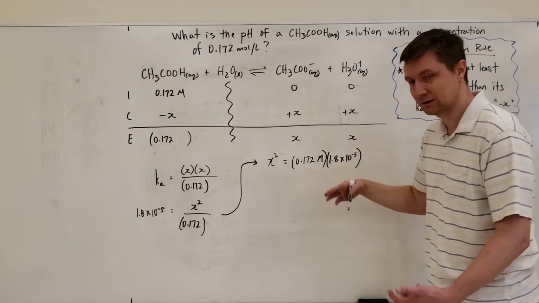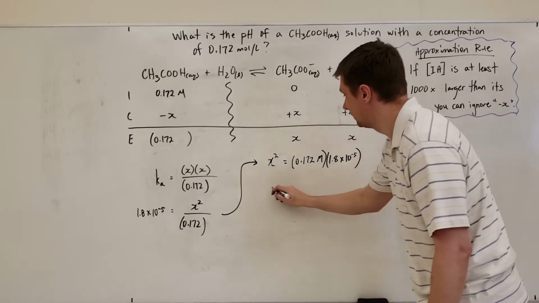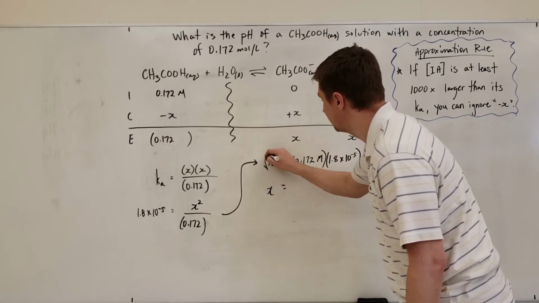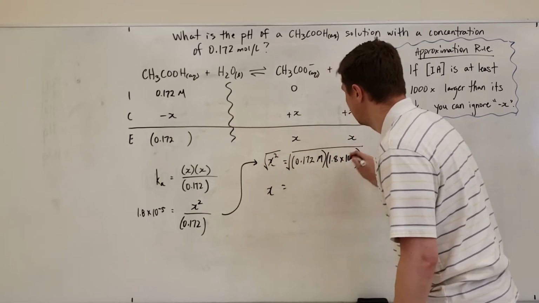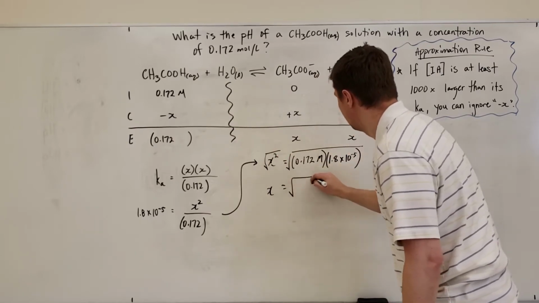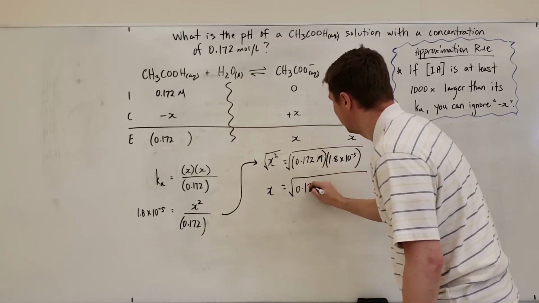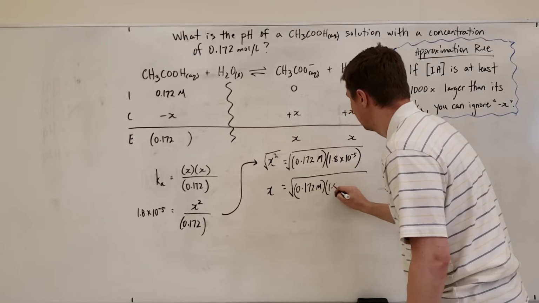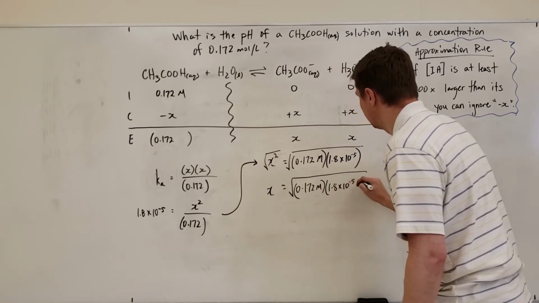Now to get x instead of x squared, because I want to solve for x, I just take the square root of both sides like this, so x is equal to the square root of 0.172 moles per liter times 1.8 times 10 to the negative 5.